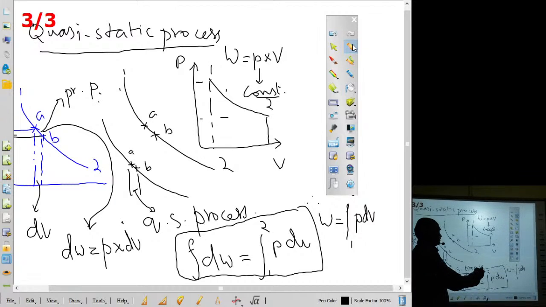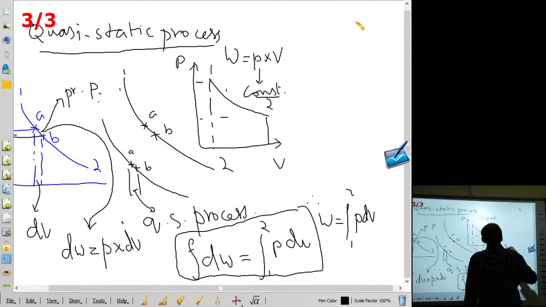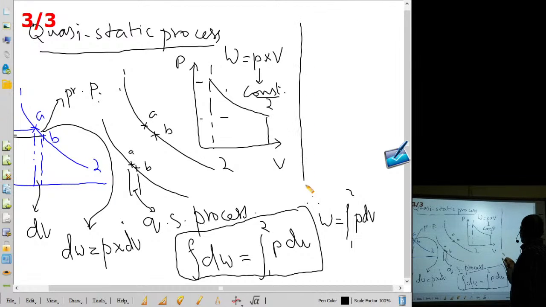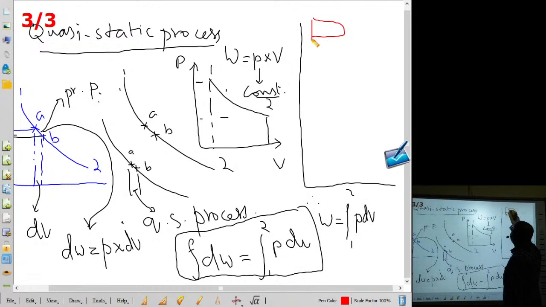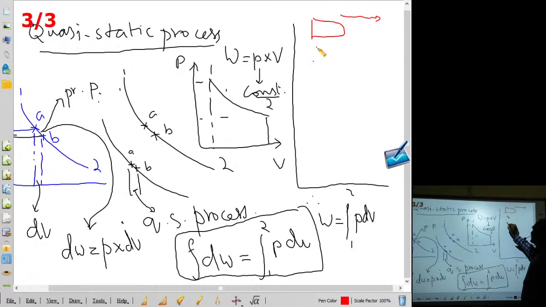now, when pressure is not constant, then the value of this pressure will be different for different processes. Different process means what? If we take a solid body into motion, then during its motion, velocity can be constant.